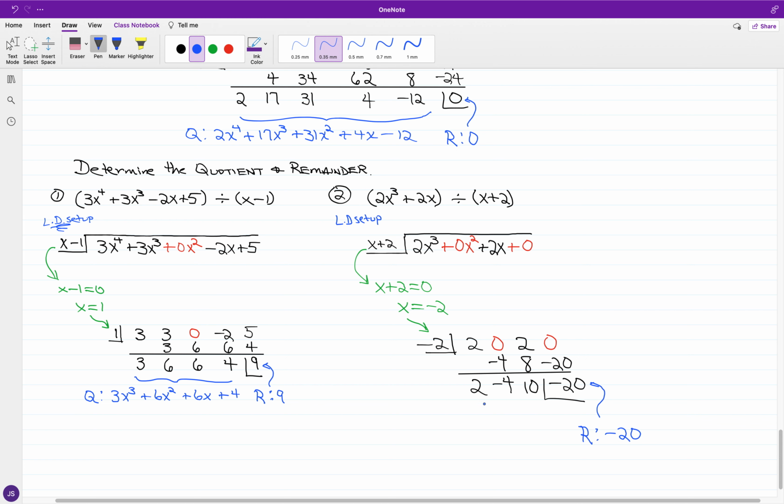So here we're going to have the remainder to be at negative 20. And for the quotient, the 2, the negative 4, and the 10, this will be referencing 2x squared minus 4x plus 10. Okay.